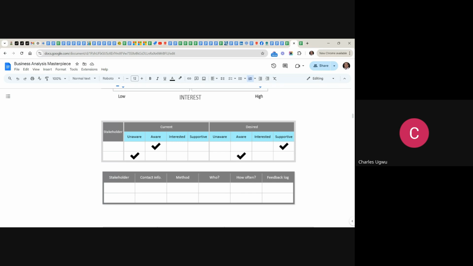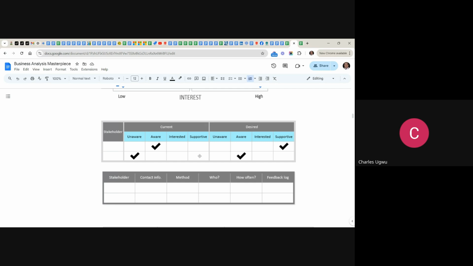As you are managing them, there will be gaps, meaning that some stakeholders will not be happy with you because of one thing or the other. That is a gap in stakeholder management. It's part of the analysis.